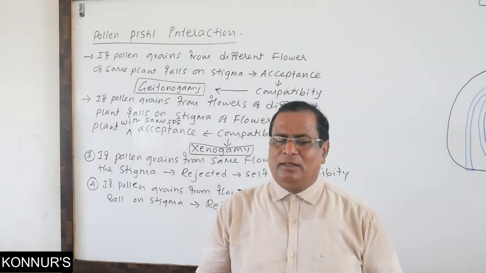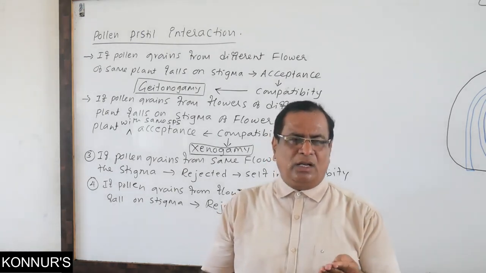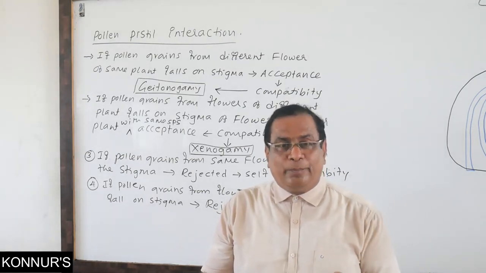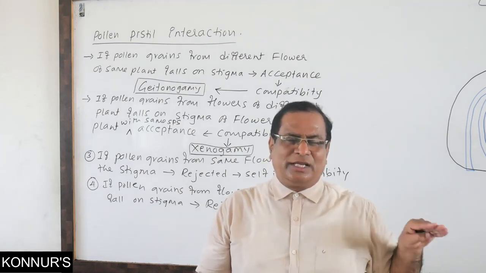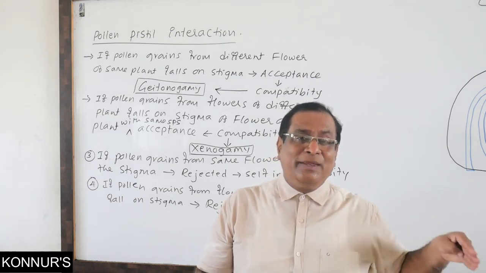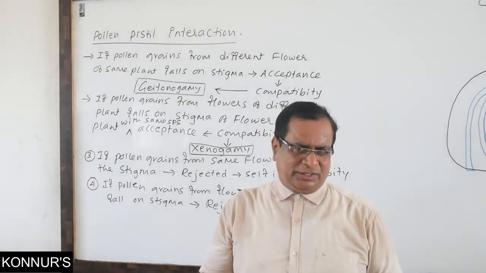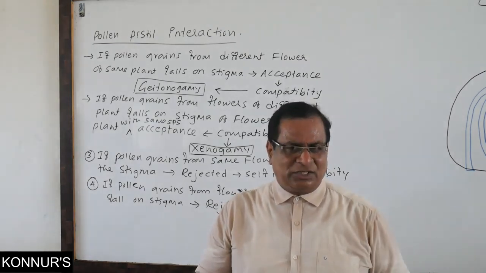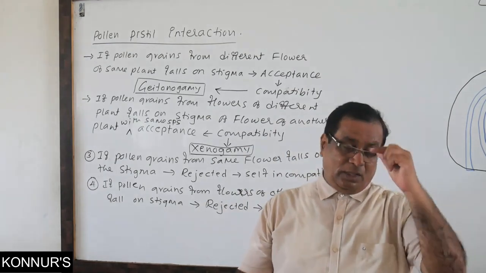Here also pollen grains are rejected. It is incompatibility. Take for example pollen grains from a mango flower. If they fall on the stigma of flowers of a neem plant, there will be no pollination achieved because pollen grains are rejected. No fertilization at all. That is incompatibility.